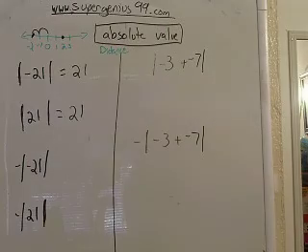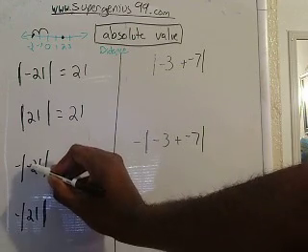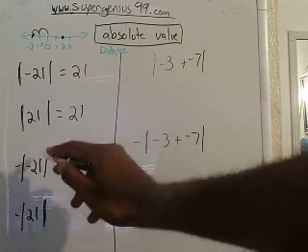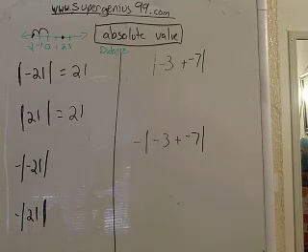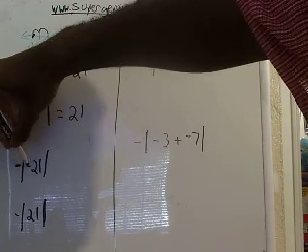Now let's look at this next one. What is the negative of the absolute value of negative 21? Well, the absolute value of negative 21 is 21, but then I have this negative sign on the outside, so I'm saying get the negative of the absolute value of negative 21.